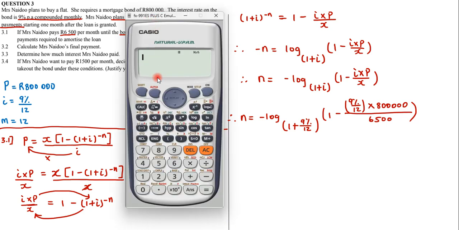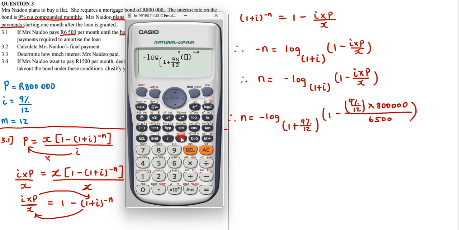Now, looking into our calculator, we first need to make sure that we have a negative value, and then we're going to put log. So the log that you're going to be using is going to be this one, right? That way we have a space to put in the value here and there. Now please make sure that you don't press this one, because this will give you an incorrect answer. So rather press the one that is underneath the on button. So we're going to press 1 plus 9%. Now I always write percent like that, and then I say over 12.